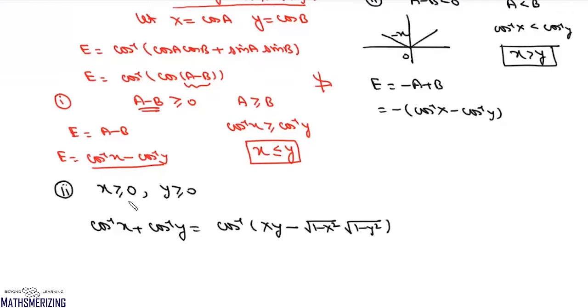And for this formula also, when x and y are positive, there is no other restriction, because cos inverse x will lie between 0 to pi by 2. Cos inverse y will also lie between 0 to pi by 2, as x and y are both positive numbers. So this expression on the right hand side can take the value from 0 to pi. So there is no need for any additional condition for this formula.